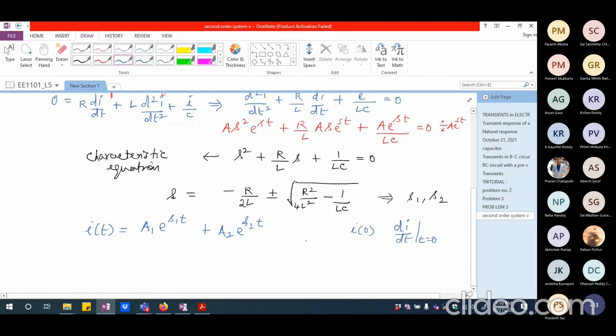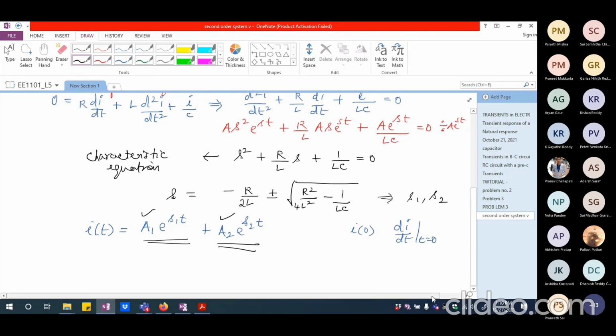When I substitute those, I would be able to solve for A1 and A2. So for the second order differential equation in the current I, I would get a solution somewhat like this.